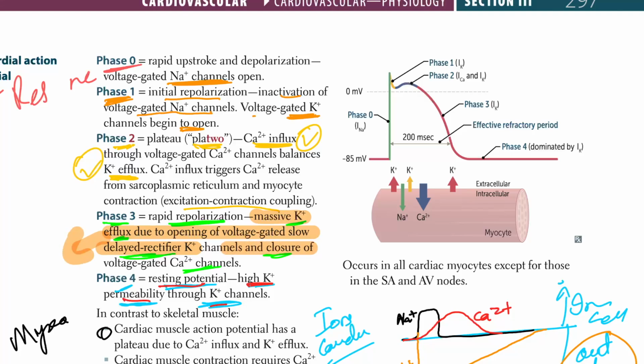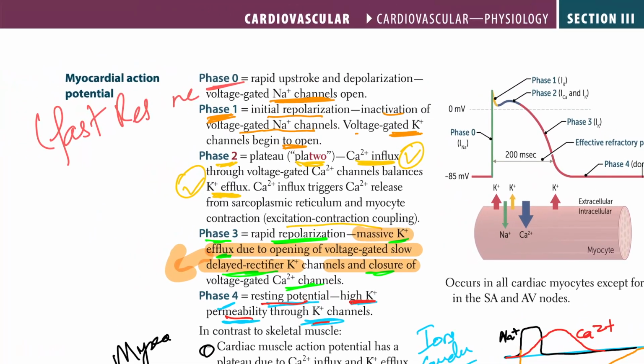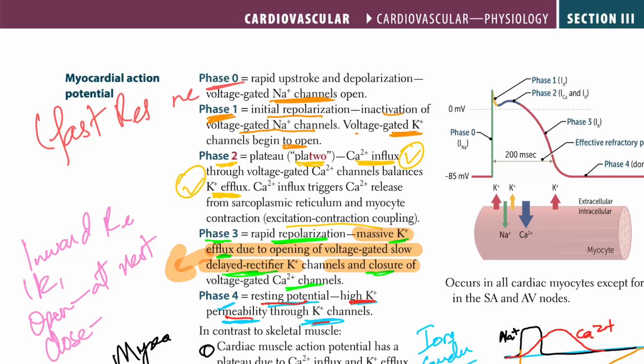So what is this thing? Here what we have is basically the inward rectifier, meaning IK1. They're open at rest, so when they're resting, they're open, and they will close when they're depolarized.